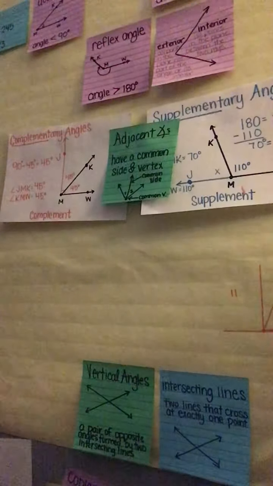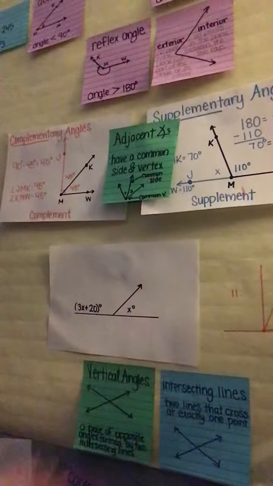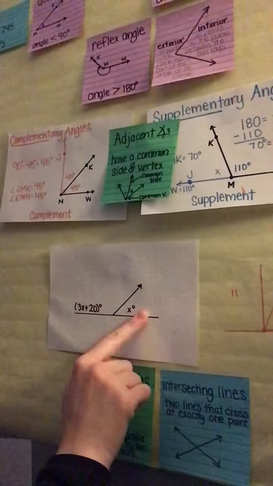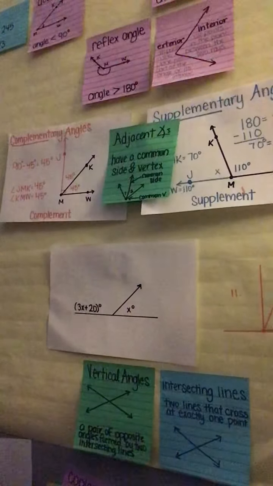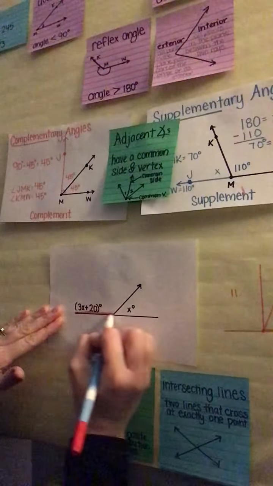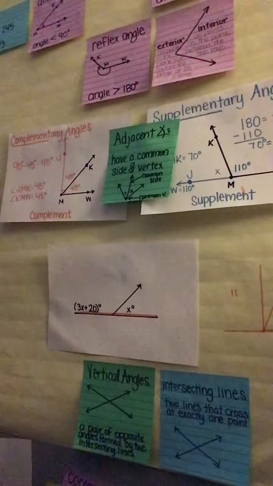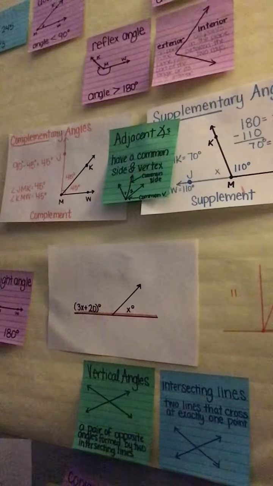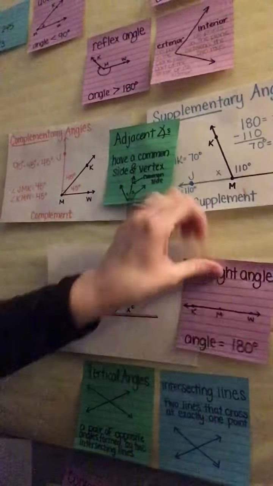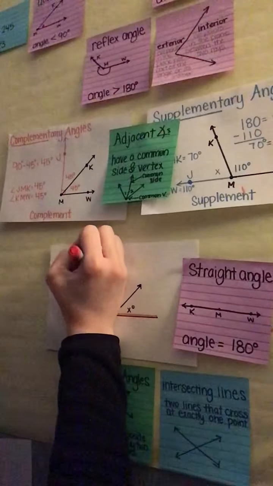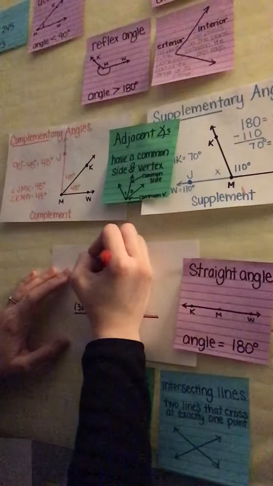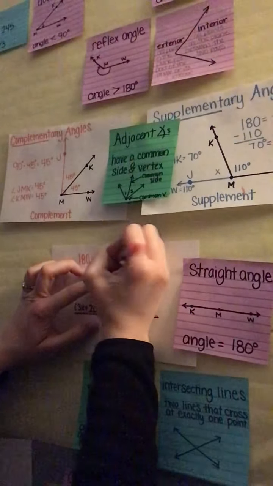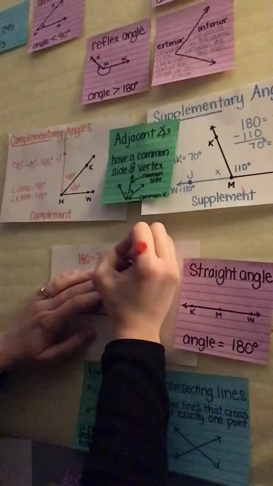Now, what happens if they give you an unknown angle, and then a variable in this piece? Look for what you know. Okay, I see this. That's a straight angle. It's equal to 180 degrees. 180 is equal to 3x plus 20 plus x.